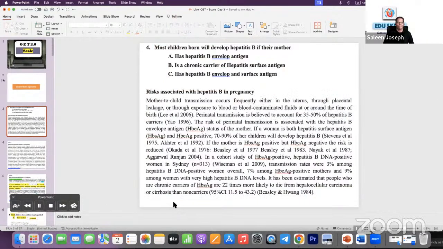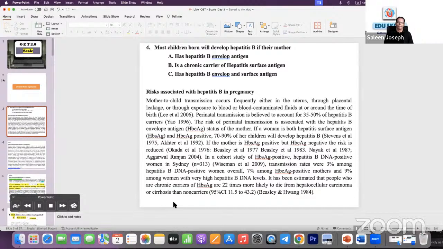Most children born will develop hepatitis B if their mother A has hepatitis B envelope antigen, B is a chronic carrier of hepatitis surface antigen, C has hepatitis B envelope and surface antigen. Risks associated with hepatitis B in pregnancy. Mother-to-child transmission occurs frequently either in the uterus, through placental leakage, or through exposure to blood or blood-contaminated fluids at or around the time of birth.